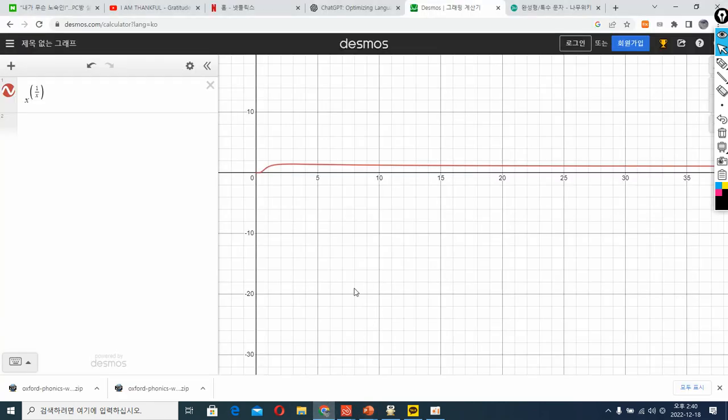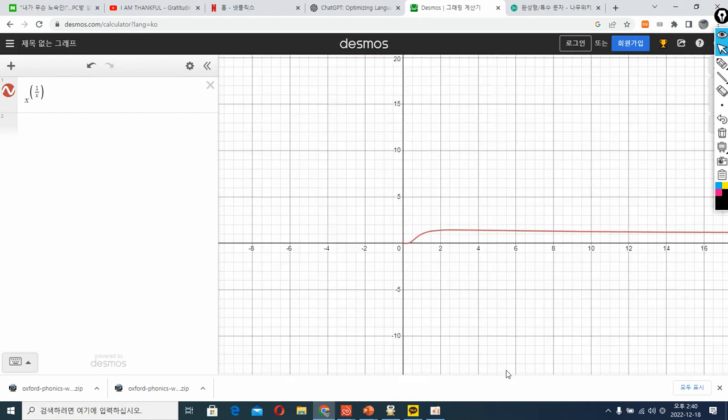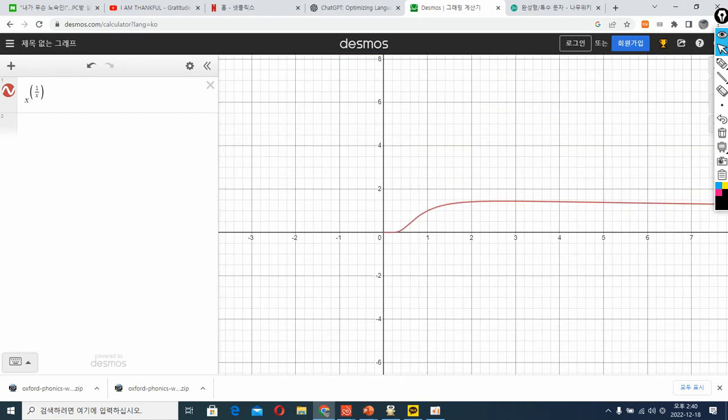And then the maximum point is about 2.718. So let's find out the exact value using differentiation.